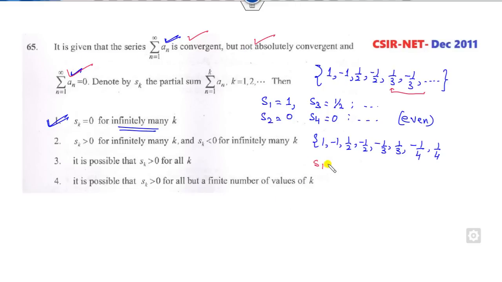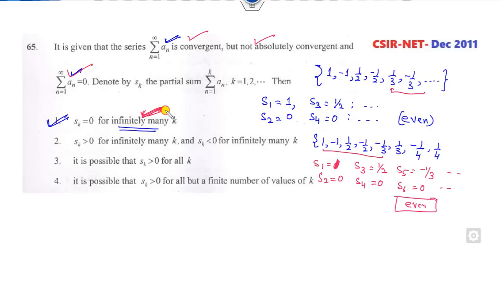Then S1 will be 0, S2 will be 1, S3 will be 0, S4 will be half, S5 will be 0, S6 will be minus 1 by 3, and so on. Again for the even part it will be 0.